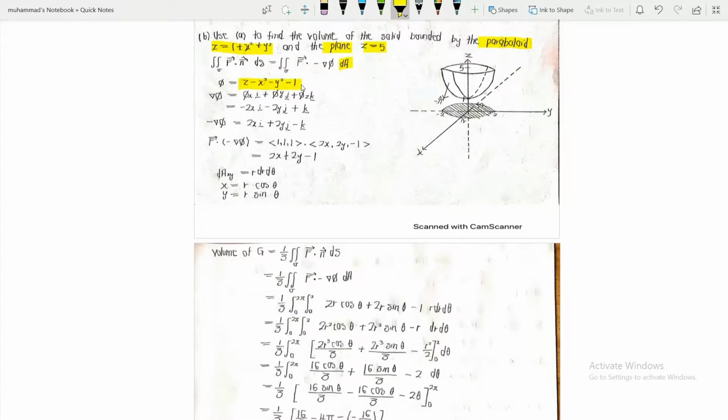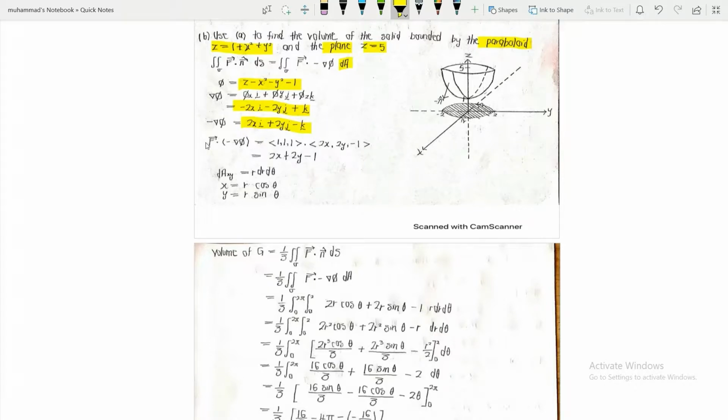Then find the gradient phi first, and we get negative 2x i minus 2y j plus k. We want the negative gradient phi because the unit normal vector is downward. So negative gradient phi will be 2x i plus 2y j minus k.